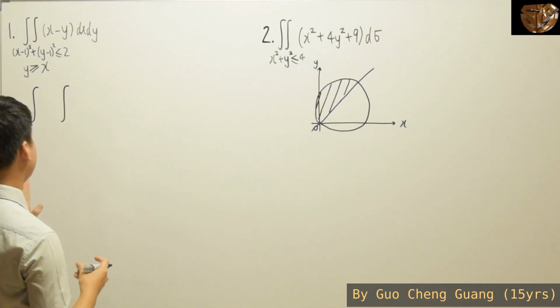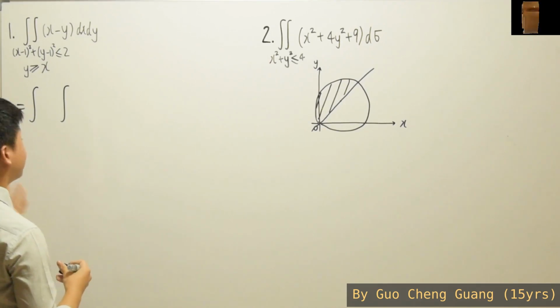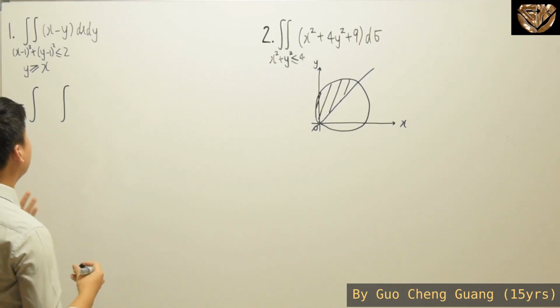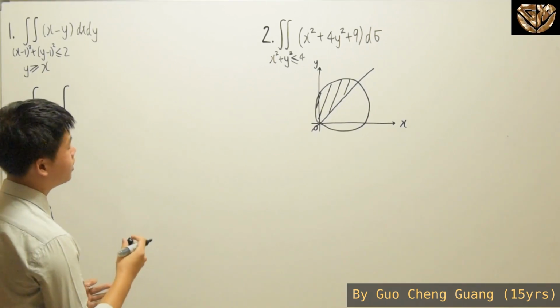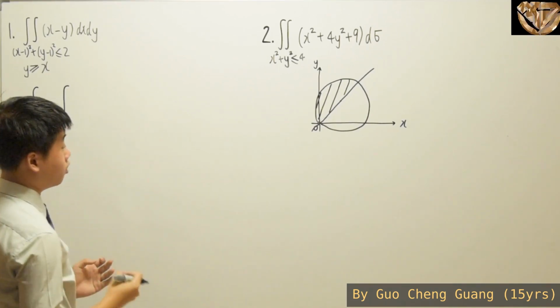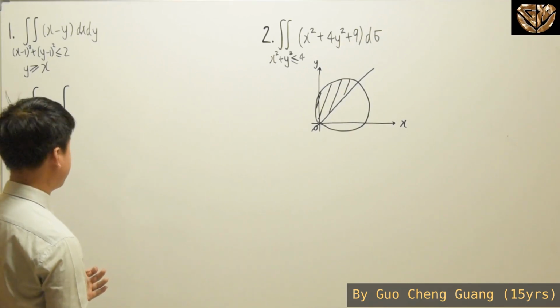If you choose to let it remain in its Cartesian form, yes, you can. But how about we try to change it into polar coordinates? Since this is a circle, polar coordinates will be easier to solve.